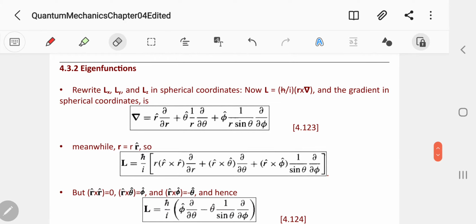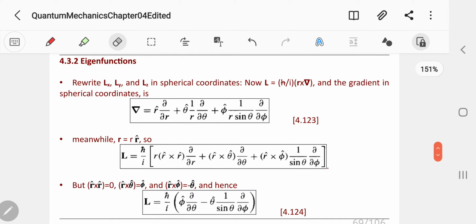So let's look at the eigenfunctions. We can write Lx, Ly, and Lz in spherical coordinates, and that L would now be in this form, and the gradient in spherical coordinates is this one, which you used in electromagnetism.